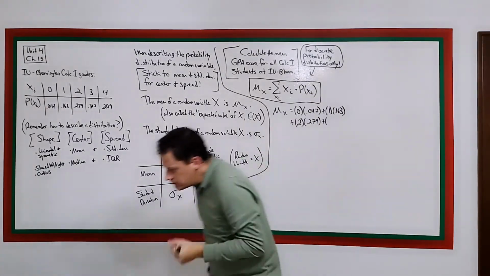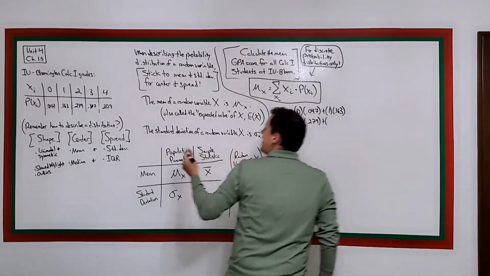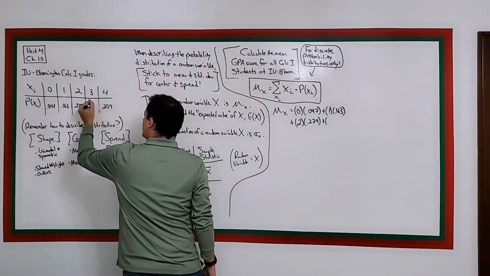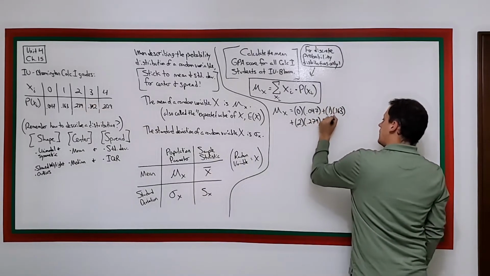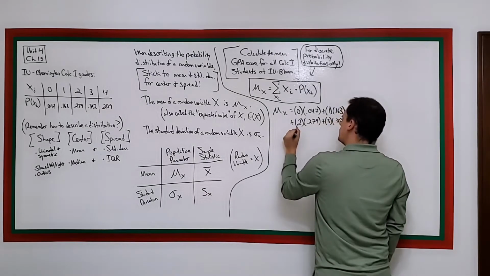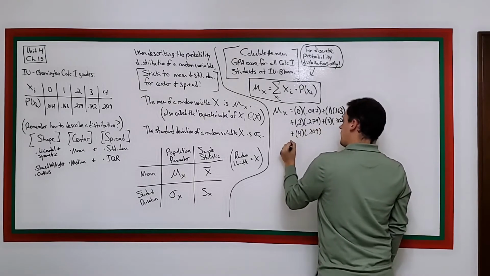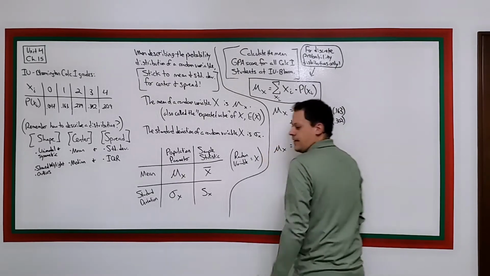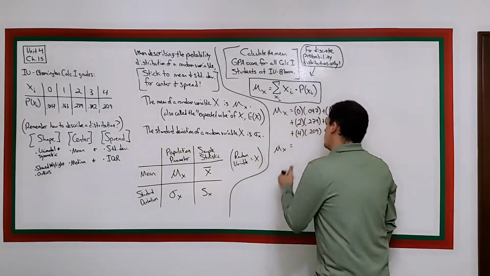Is that a 2? Yes. Sorry, that kind of looks like a 7 of mine. This is a 2. 3 times 0.302 plus 4 times 0.209. And we get 2.46.